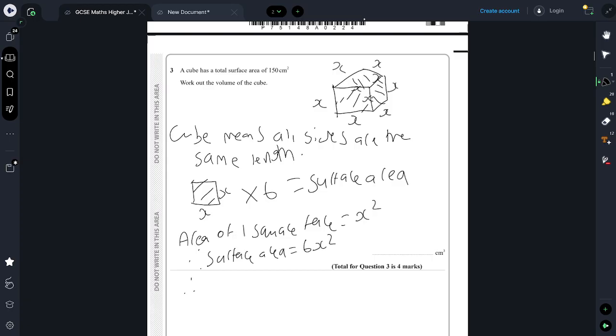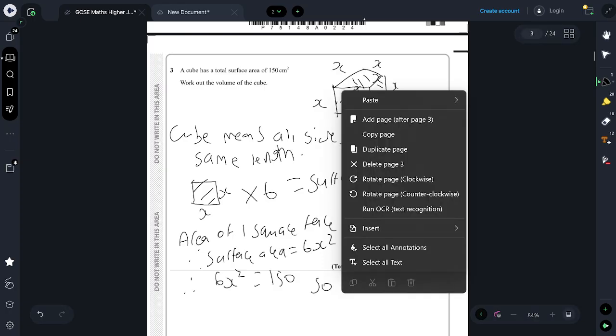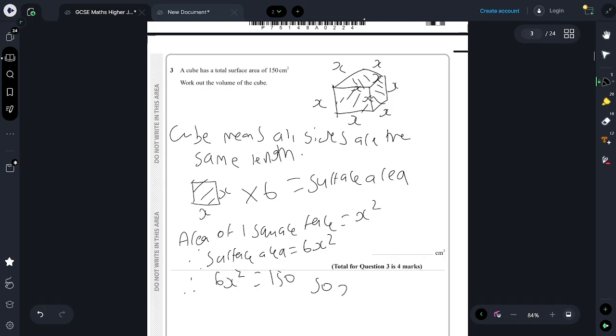And we are given that surface area is 150. So that means 6x squared has to be 150. So x squared has to be 150 over 6, which would be 25.